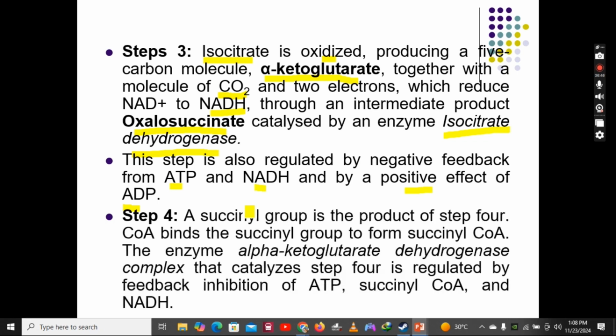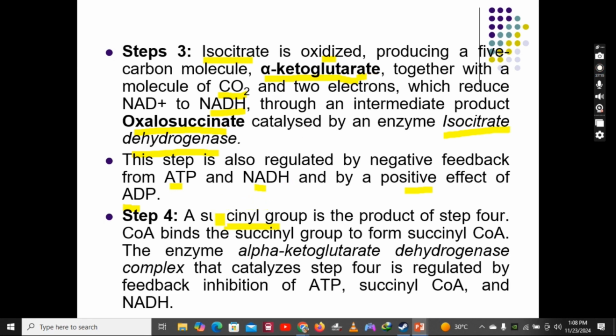Then we look at step number 4. Under step number 4, we have a succinyl group, which is the product of this step. Let's not forget that in step number 3, what we added was alpha ketoglutarate.